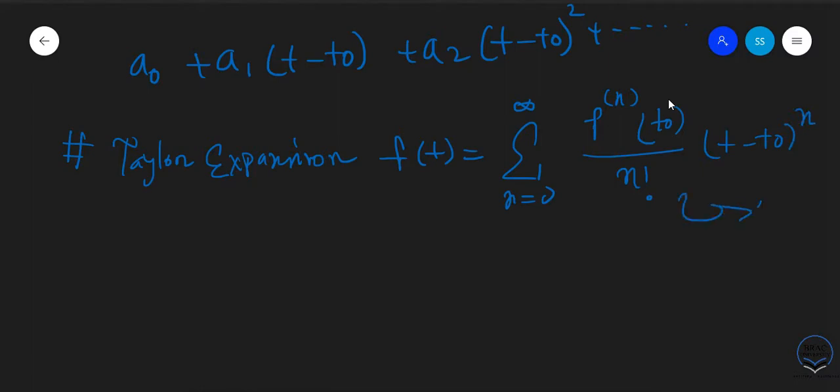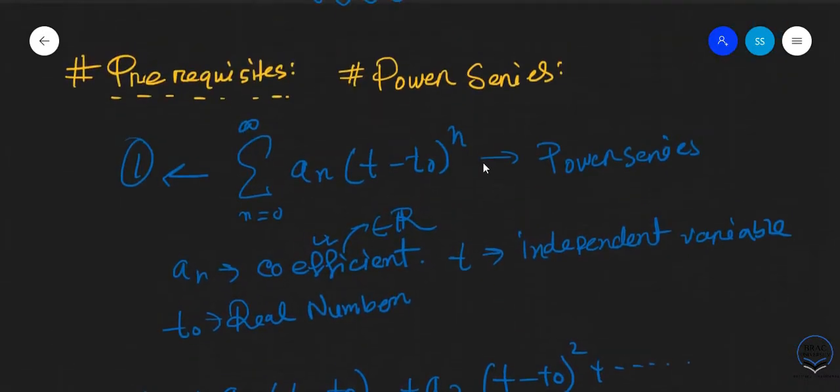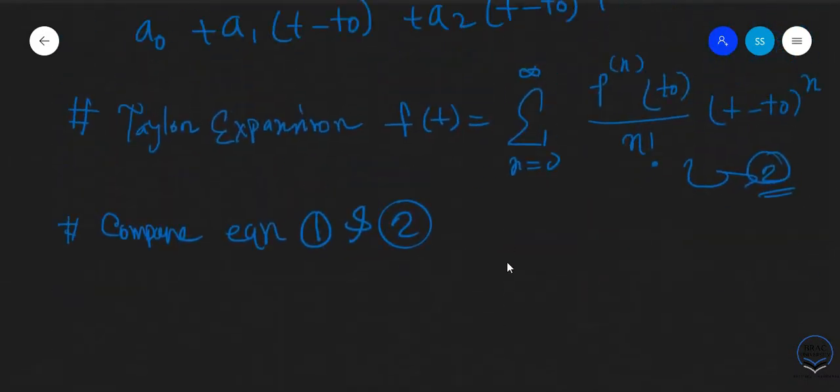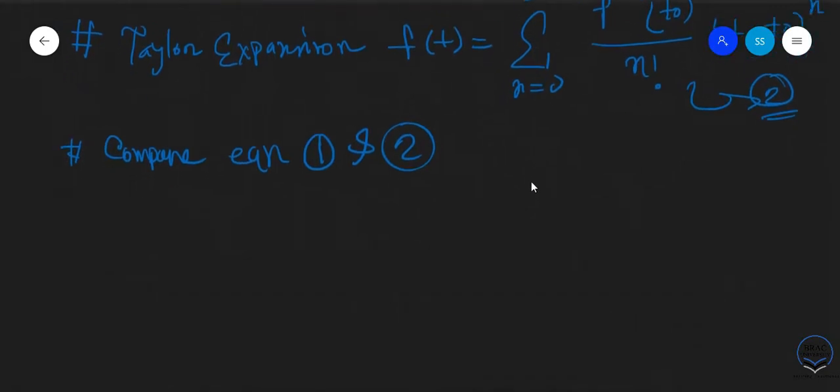Let's call this equation 2. If you compare equation 1 and equation 2, you can easily see that a_n is just f^(n)(t0) divided by n factorial.